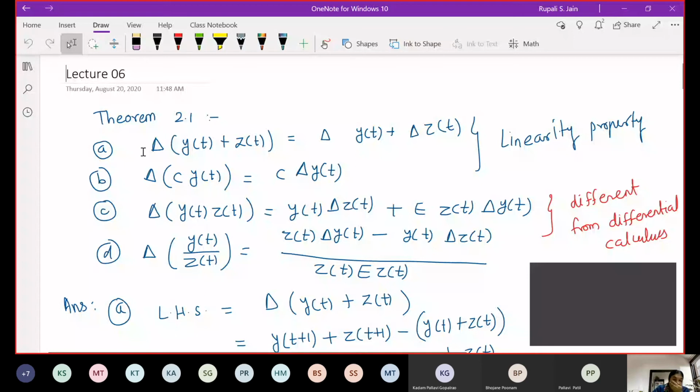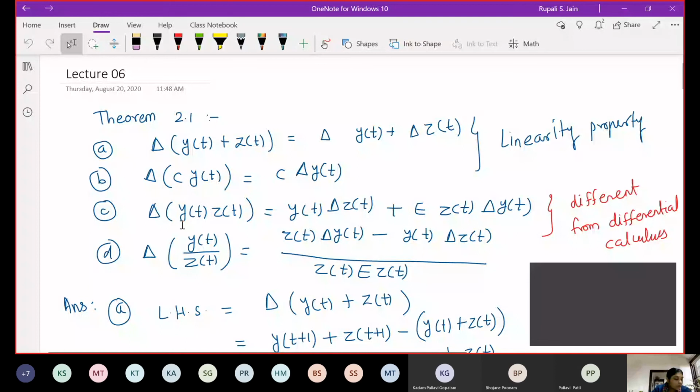How will it follow? What do I have to do? You can see these three properties. So how does it follow from theorem 2.1?